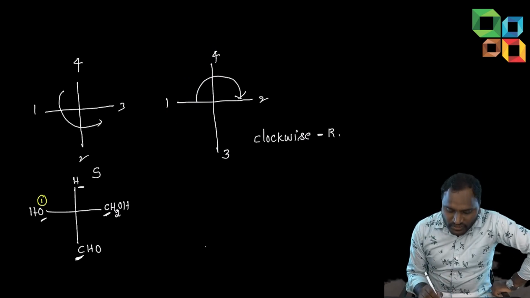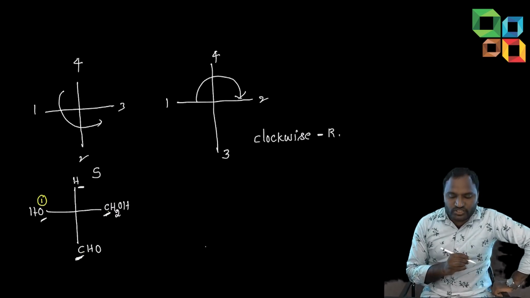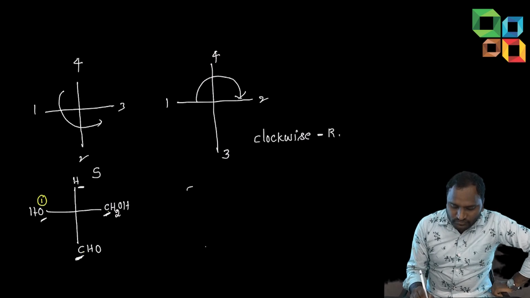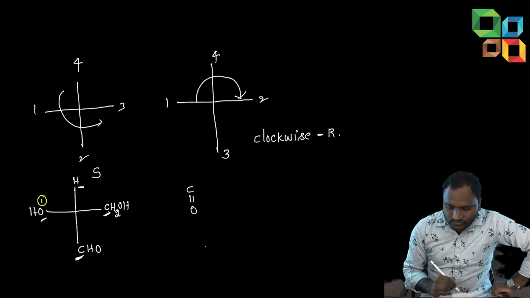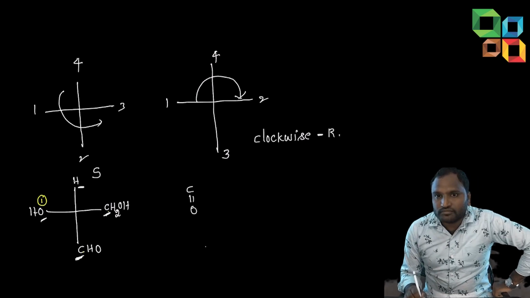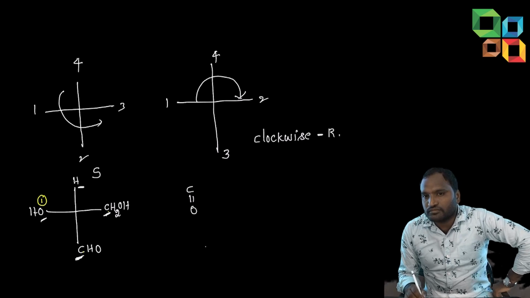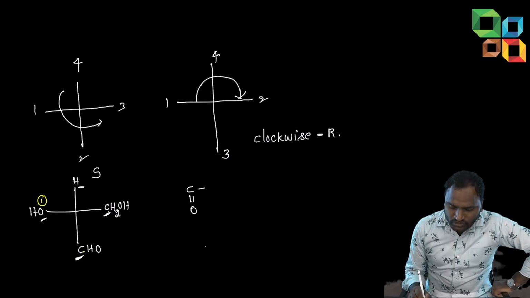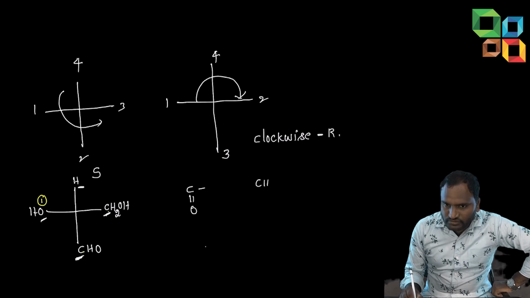Next, here carbon is there, here carbon is there. How to decide, students? Next closest. Which will get first priority? CHO, CH2OH.